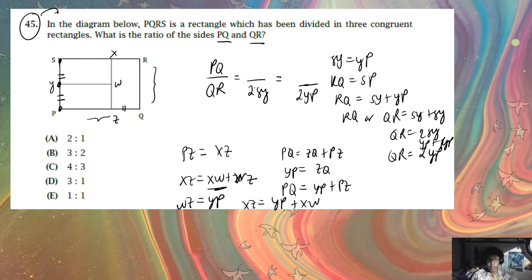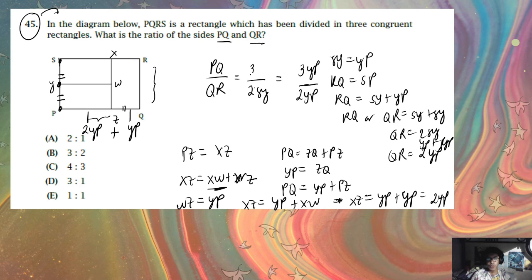Since XW is also equal to YP, XZ is equal to YP plus YP, which gives us 2YP. Therefore, the value of ZQ is YP, the value of PZ is 2YP, and if we add them, that gives us 3YP.